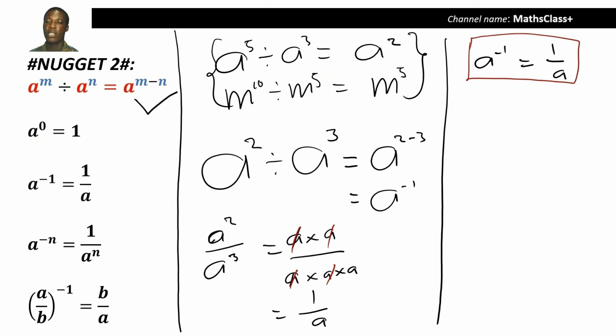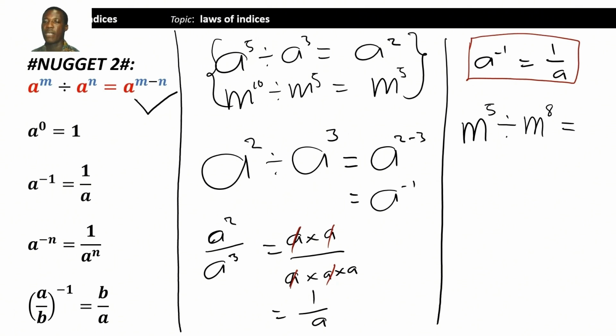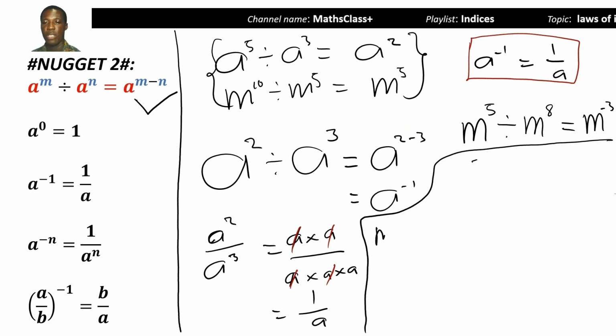Okay, so let's use the example m to the power 5 divided by m to the power, let's say, 8. This will give us m to the power negative 3, right? By our law. Now if we do the cancellation, we have m to the power 5 divided by m to the power 8.